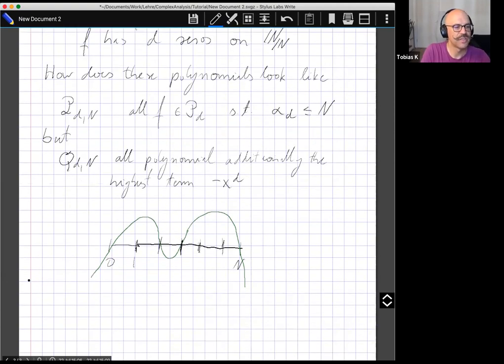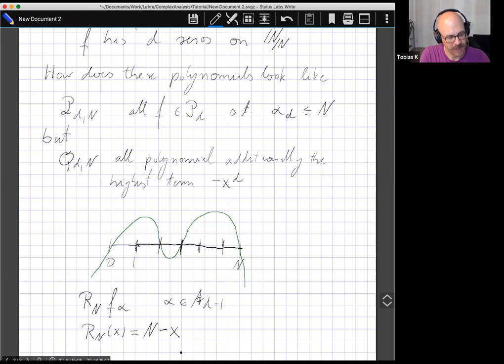So these are polynomials which have the following form. They have the form Rn times f alpha, with alpha in alpha d minus 1, and Rn of x is equal to n minus x.